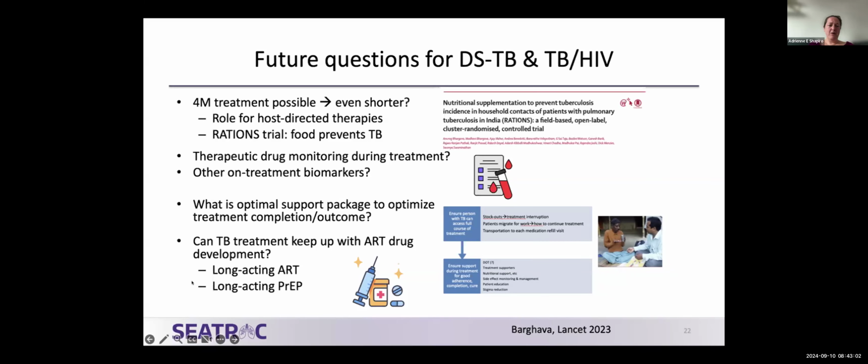And then finally, thinking about whether TB treatment can keep up with ART drug development. It's been very exciting news. We now have long-acting ART treatment that can be given every few months. There's now a long-acting PrEP agent that can be given as an injectable once every 6 months.